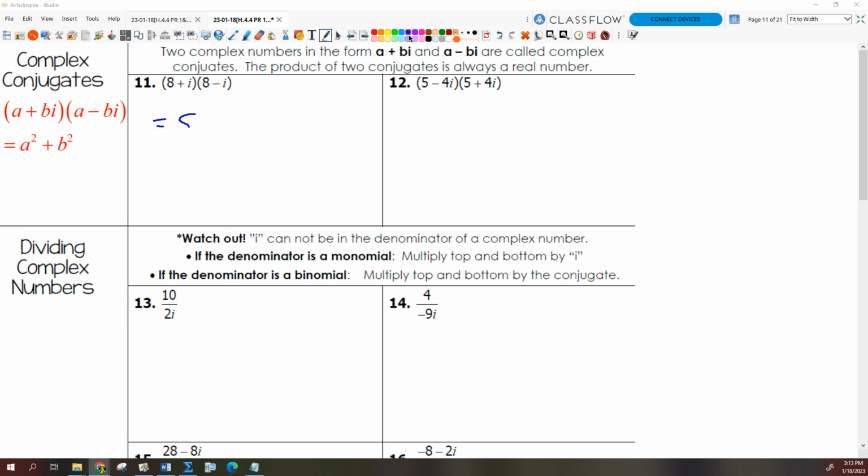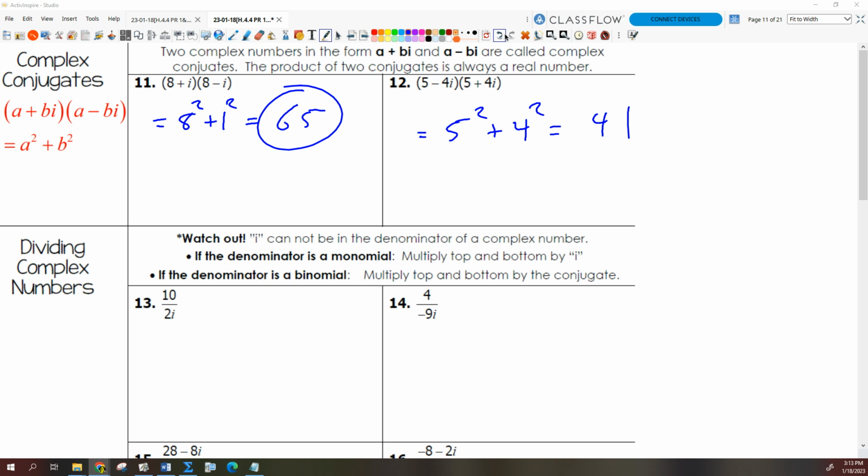So I get 8 squared plus 1 squared equals 65. Okay, how about this one? What squared plus what squared? Equals 41, right? Done. Easy.